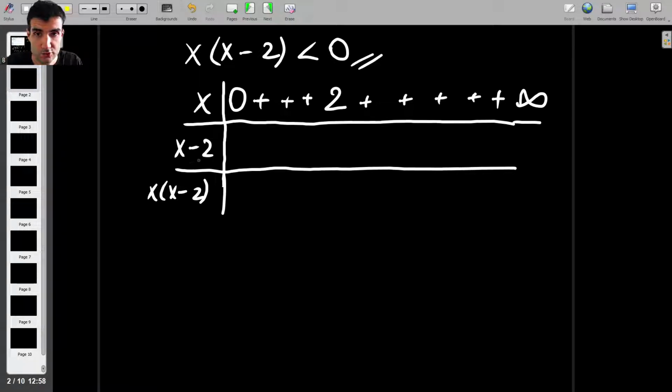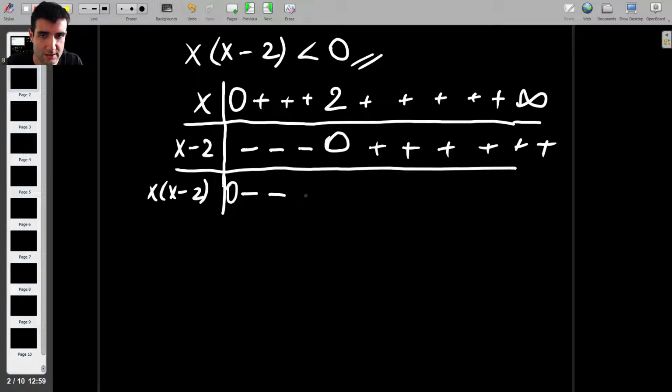Now x minus 2, on the other hand, is negative until 2 when it's 0, and after that it's positive. And then when you multiply x with x minus 2, x doesn't take a value of 0, so this is negative, this is 0, and then this is positive.